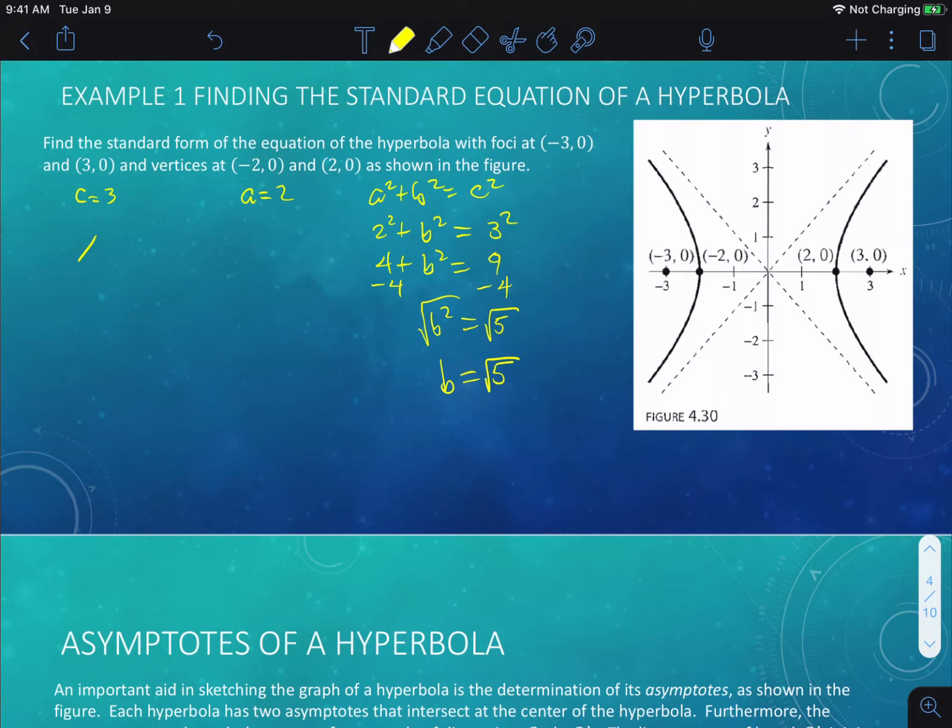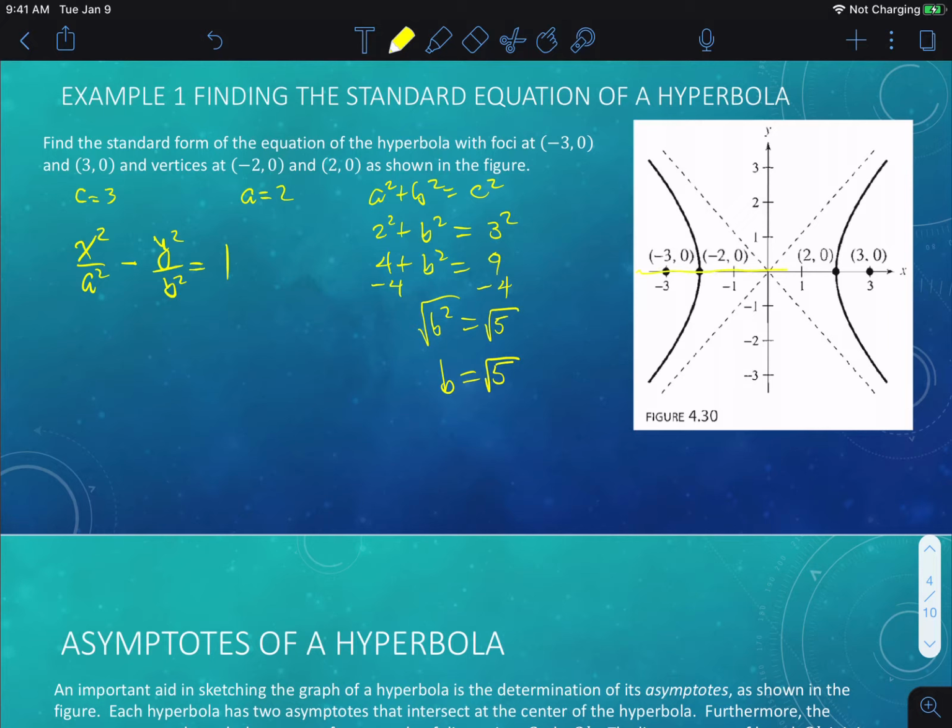We're going to be looking at the equation that starts off with x squared over a squared minus y squared over b squared, and that's equal to 1. And the reason why is because we're saying that x squared is over a when the transverse axis is horizontal.